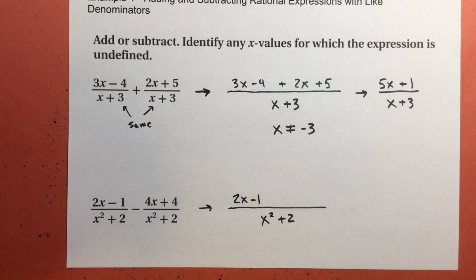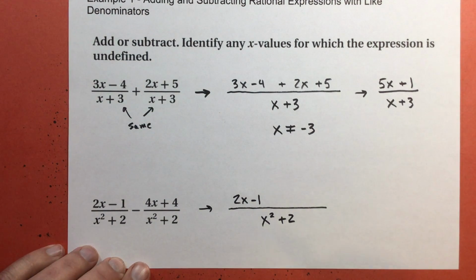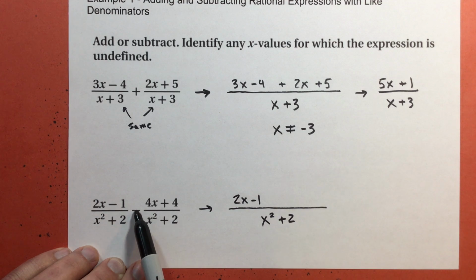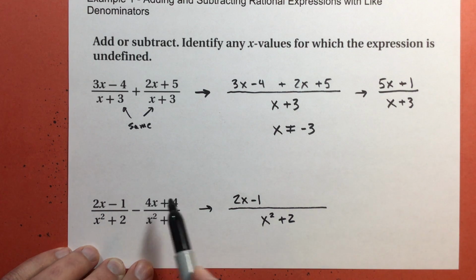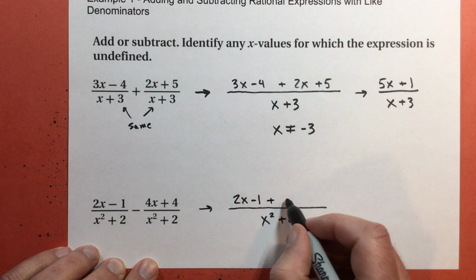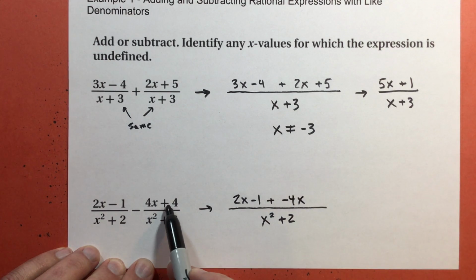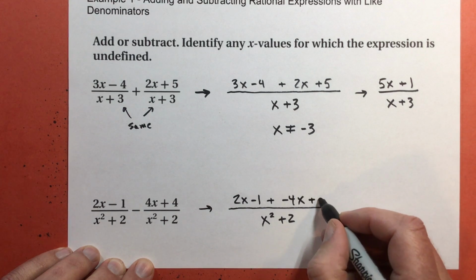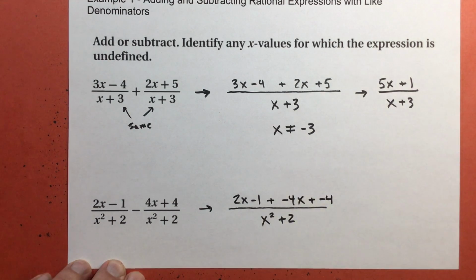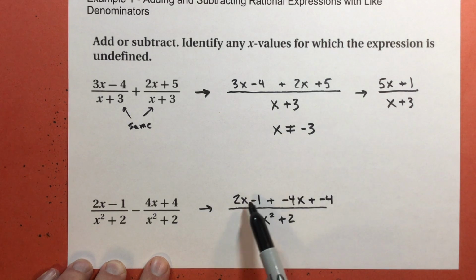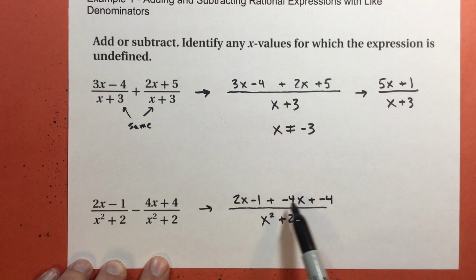Now, subtraction means to add the opposite. So I can think of this as subtracting positive 4x means to add negative 4x, and subtracting positive 4 means to add negative 4. Of course, that would be the same as if I did 2x subtract 1, subtract 4x, subtract 4.